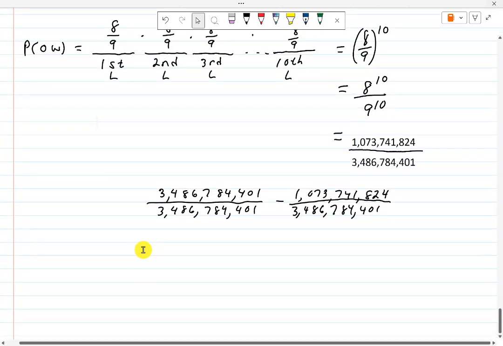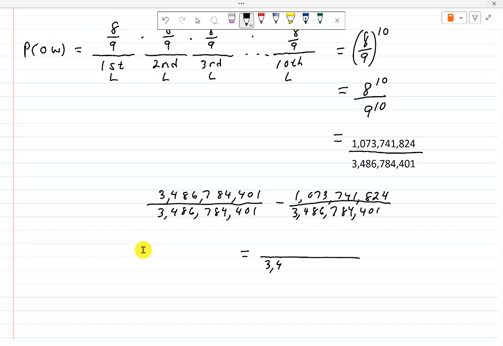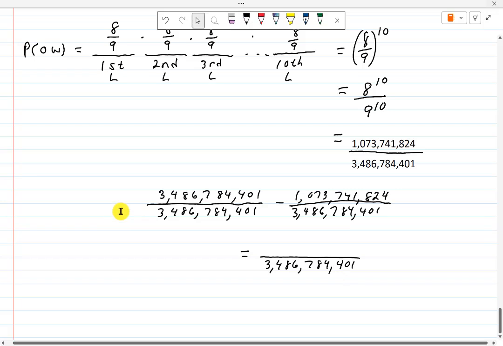So all I have to do is subtract the numerators together. The denominator will stay the same, so let me go ahead and put that in. And so all I need to do is take this 3 billion number and subtract the 1 billion number from it.